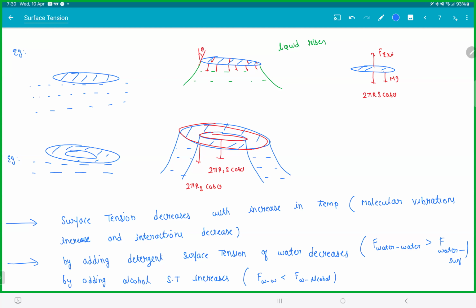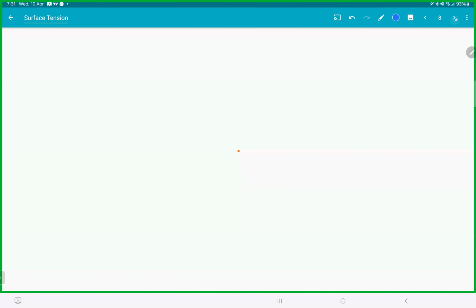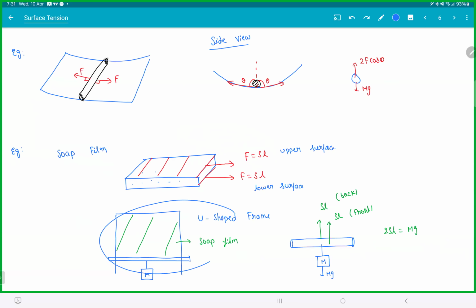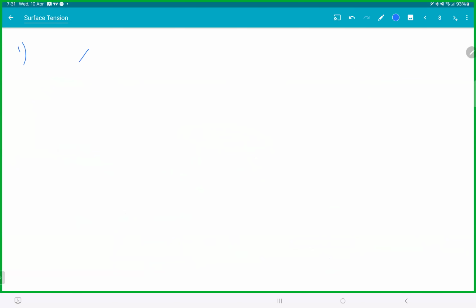Great. Let's see some questions. Let's start with an easy one. I hope everyone understood this example, right? The U-shaped stream. This is the front view. This is theta. We have a massless rod.